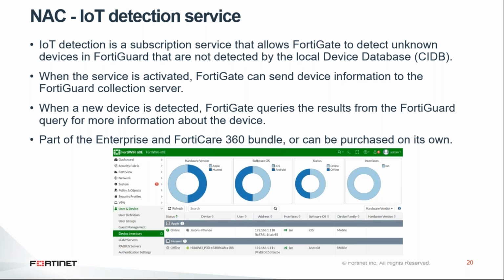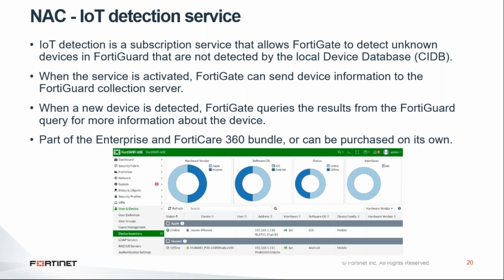We will introduce a NAC functionality on the FortiGate. So the FortiGate will be able to identify with its local database what kind of devices are connected and build a certain security policy.